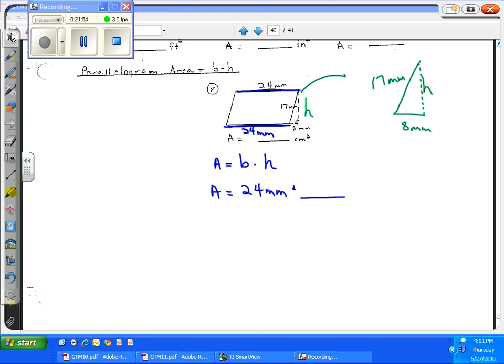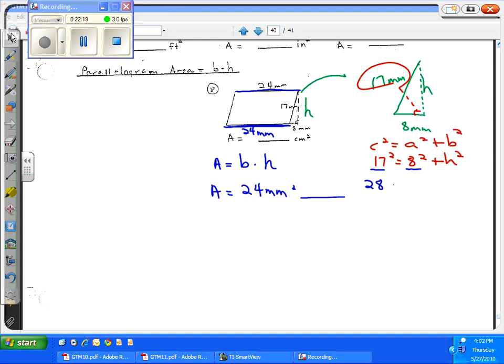That's 2 out of 3 sides of the right triangle, so we can solve with the Pythagorean theorem, because that was a right angle. C squared equals A squared plus B squared. The C is always the one across from the right angle, so we take hypotenuse squared equals one leg squared plus the other leg h squared. We're going to do the exponents.